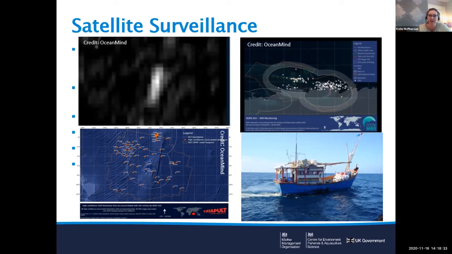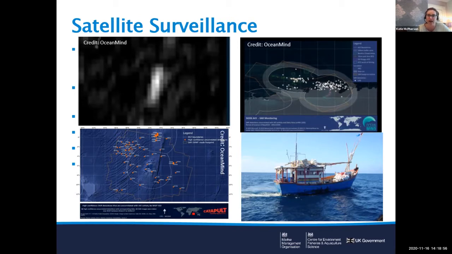It can still be used for risk profiling, and it's really important actually in some ways to show you what isn't there as well, so it can help target assets and make sure they're deployed more effectively. But what it doesn't enable us to do is take an investigation any further, to contact flag states and to try and further the enforcement process.